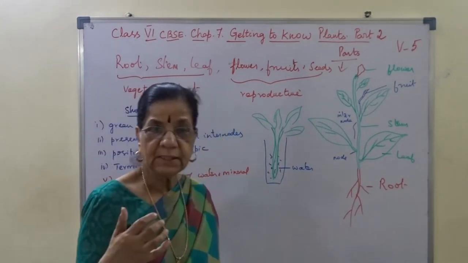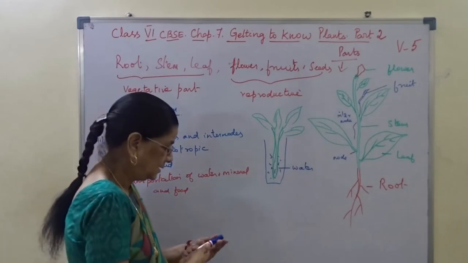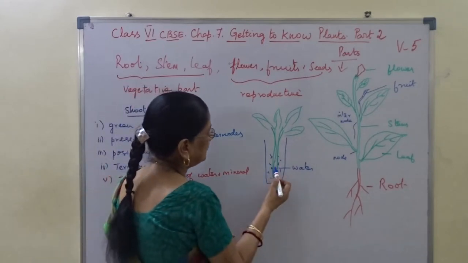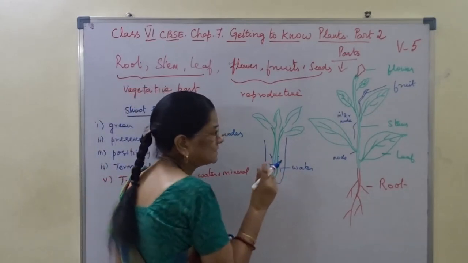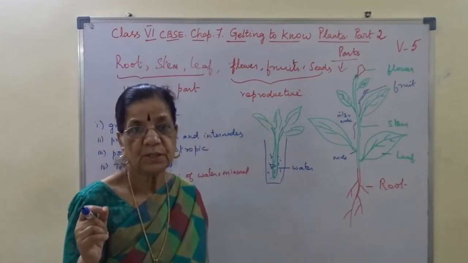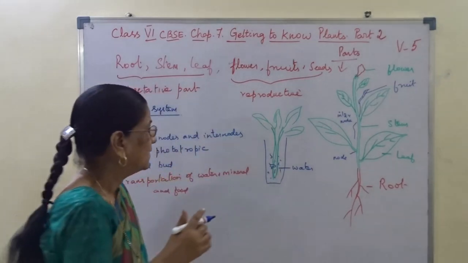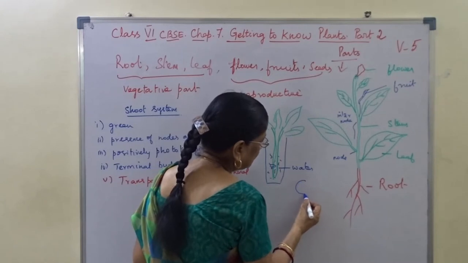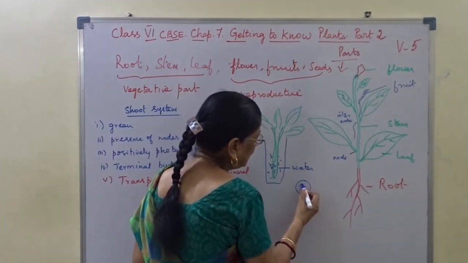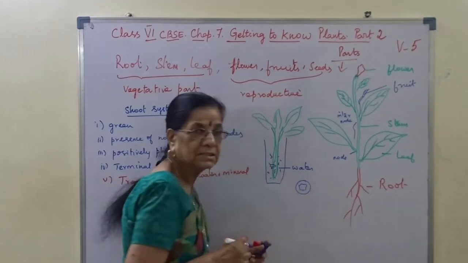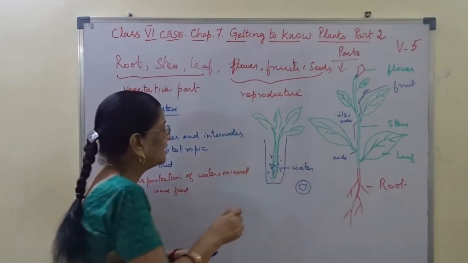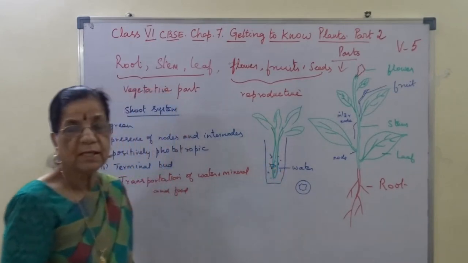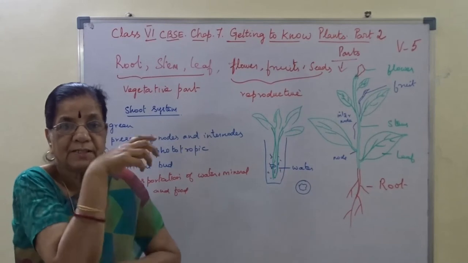And then take out the twig and cut this part of the plant and see under the microscope or with the hand lens. This is a cut portion where we find a structure like this, where now the water is blue color. You can add blue ink or red ink.